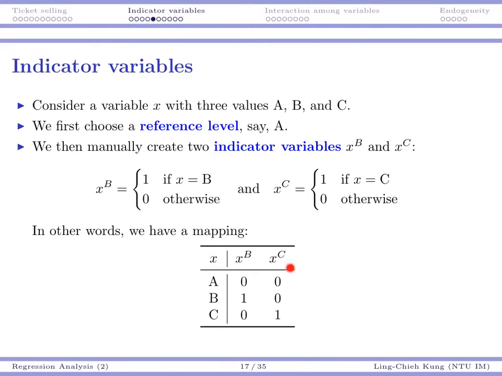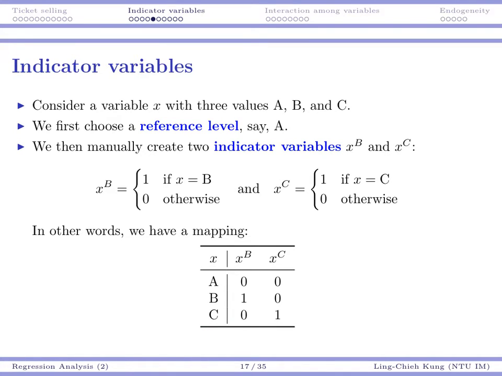Here xb and xc each of them only have 2 values, but if we combine them, we are able to represent 3 values, right? If both values are 0, then we know it's not b, it's not c, then it must be a. And then if this is 1 and this is 0, we know the original value is b. And here we know the original value is c.